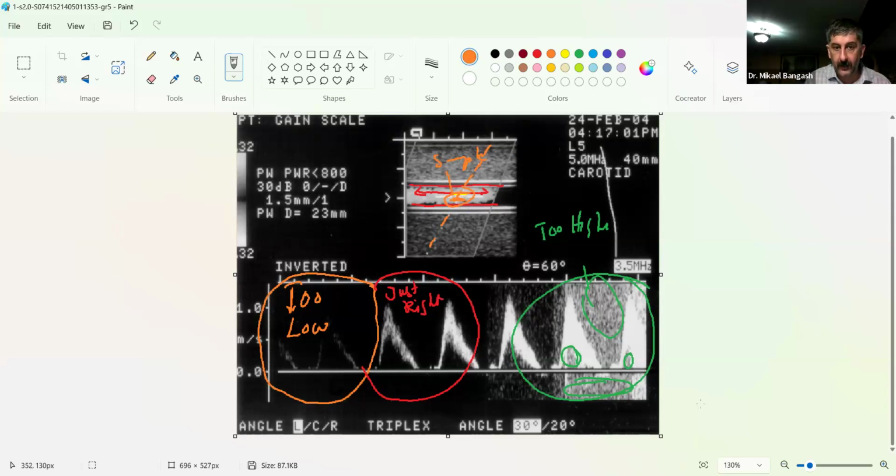So the media steered it so that it is parallel to your direction of the blood flow. Did you guys get that?